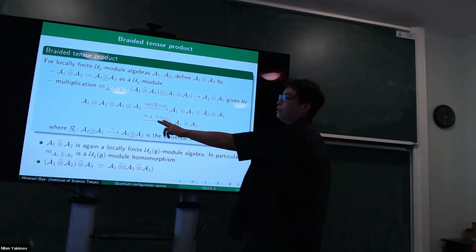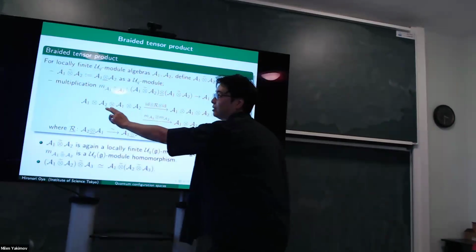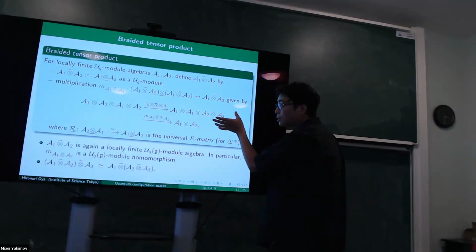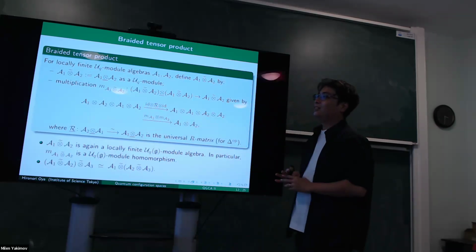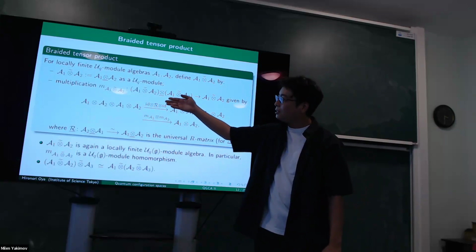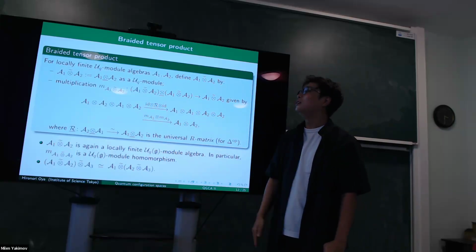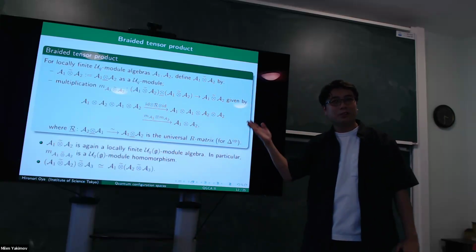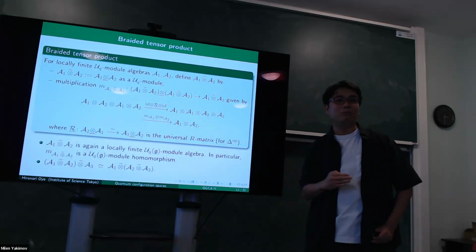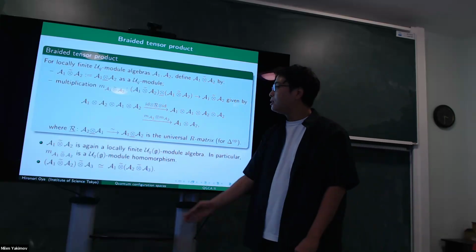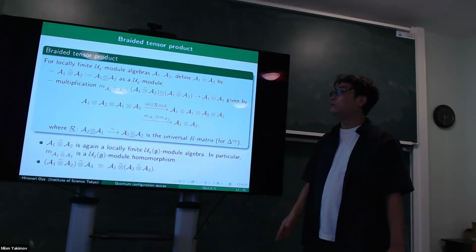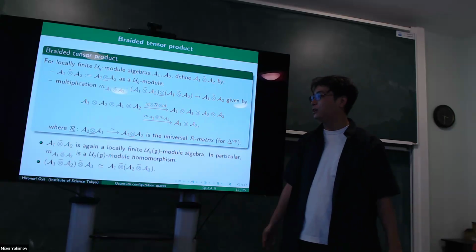First, we apply the R matrix to switch A2 and A1, and then apply the multiplication. The R matrix and multiplications are UQ module homomorphisms, so the multiplication of the graded tensor product is a UQ module homomorphism.